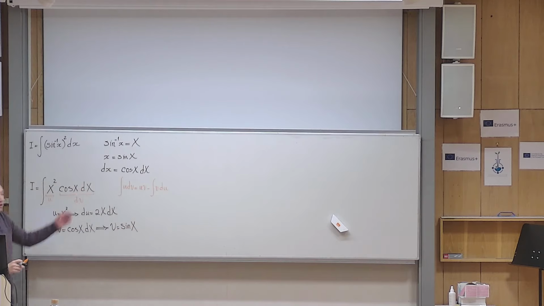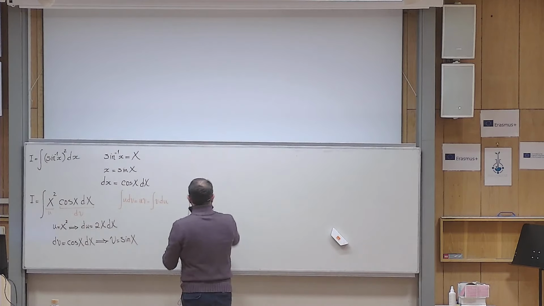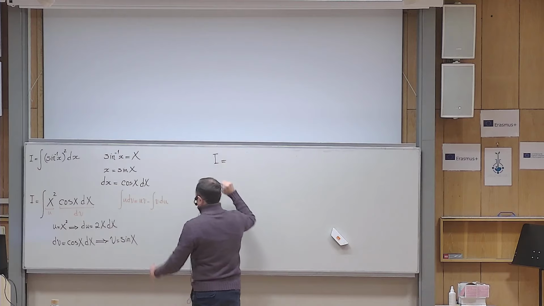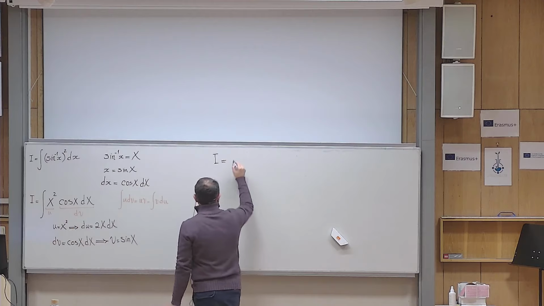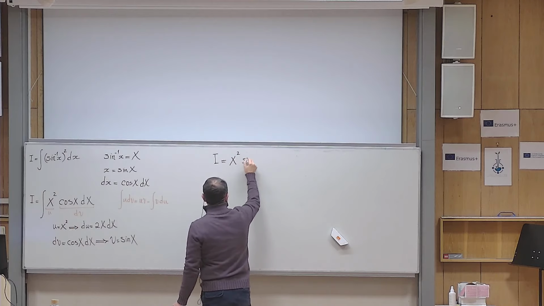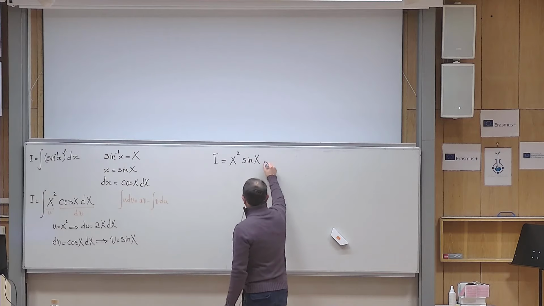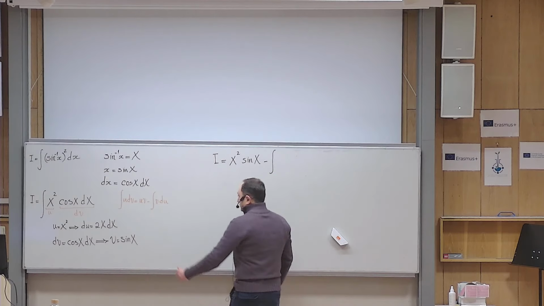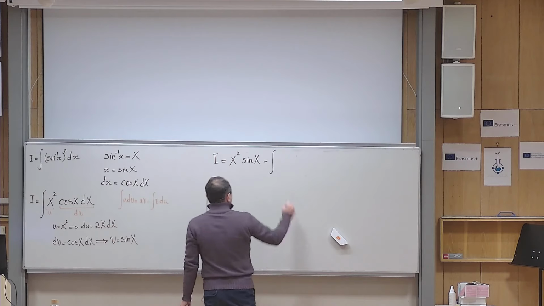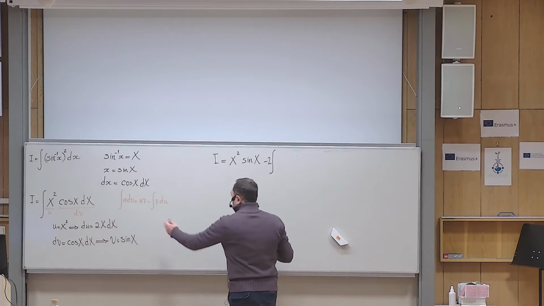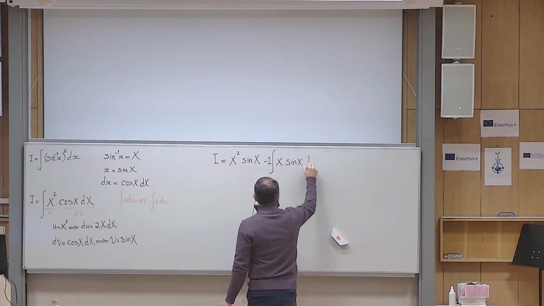So the integral of u dv is equal to u times v, this is my u, this is my v, so this becomes this, and then minus the integral of v du. This is v, this is du, there is a constant 2 which I pull out, and it becomes X sine X dX.